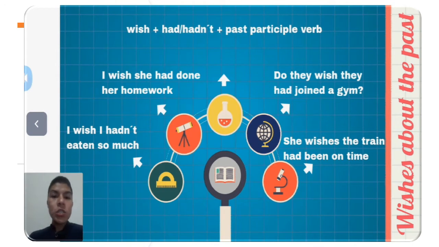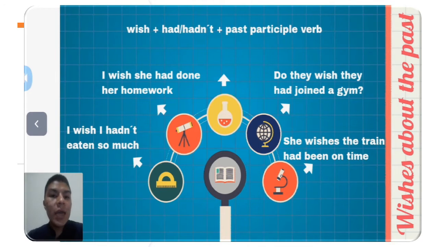So after wish, we are going to use the past perfect tense. So don't forget that part, because that is the structure that we need to follow every time we express wishes in the past or past actions. That is why we are going to use had or hadn't as the auxiliary and the past participle form of the verb. Now take a look at the examples that we have right here on the presentation.